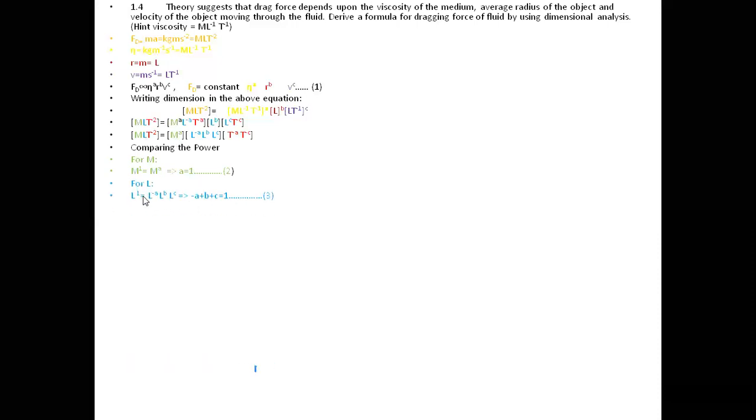For L, in the case of L, we have 1 over here, minus a plus b and plus c. So L to the power 1 is equal to L to the power minus a, L to the power b, and L to the power c. So comparing the powers, we have minus a plus b plus c is equal to 1.